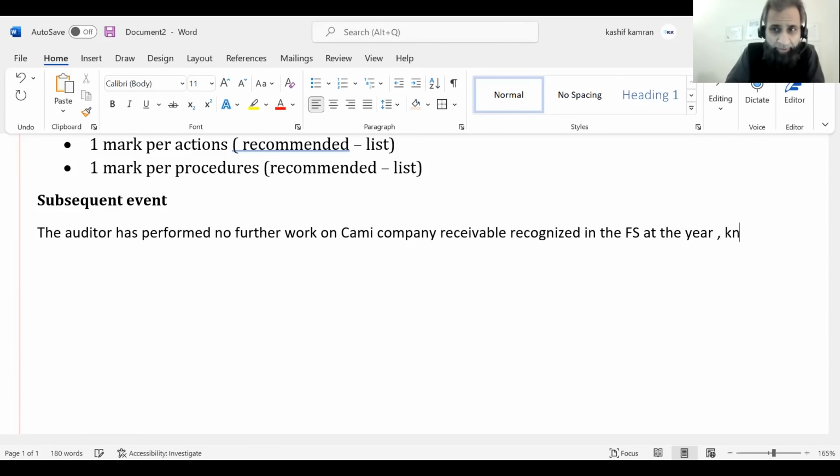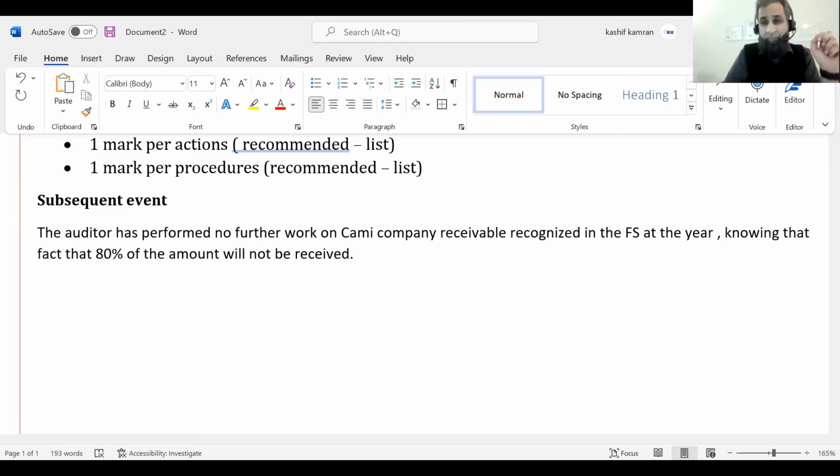knowing the fact that 80% of the amount will not be received. Full stop. And even we are doubtful with the 20%, because we have not yet received even the 20%.